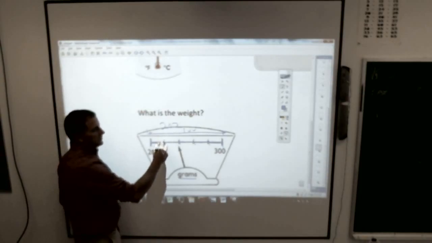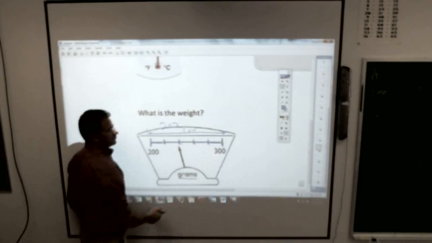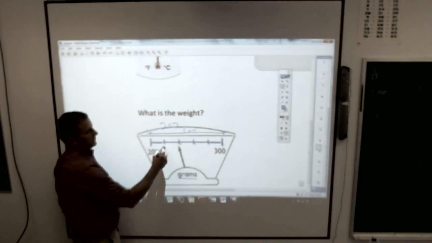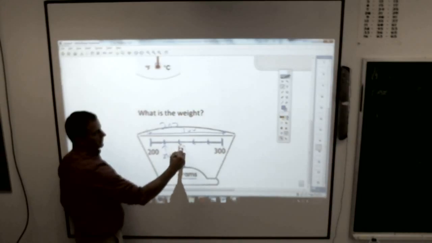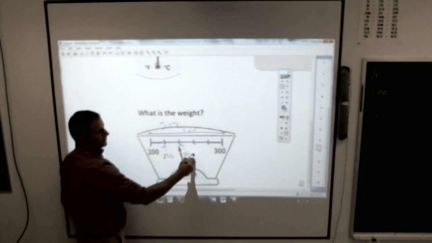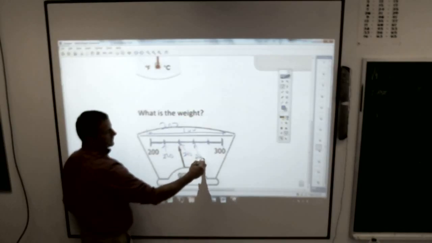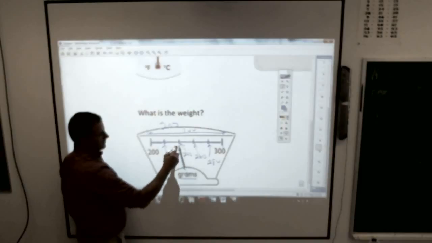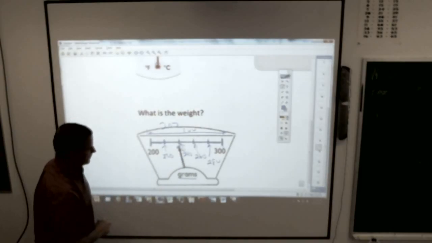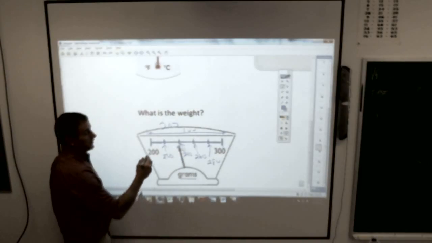So each one of these marks stands for 20. So this is 200. This spot, they don't label it, but it is 220. This spot would be 240, and then 260 and 280. So this thing measures whatever we're weighing there. What do you suppose weighs 240 grams?